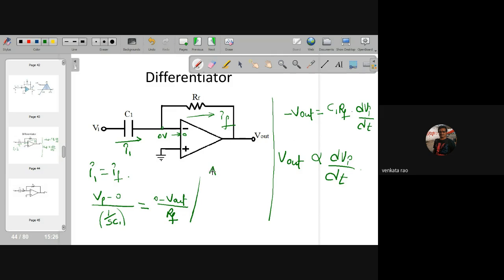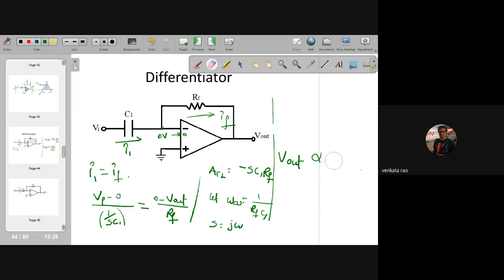So the closed loop gain, V output by V input, is minus S C1 RF. Let me take omega A as 1 by R1 RF into C1, and S equal to j omega. Now just substitute those values.